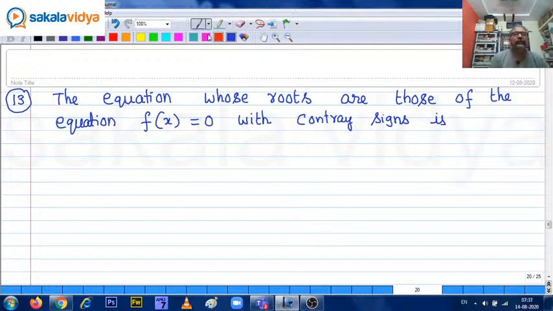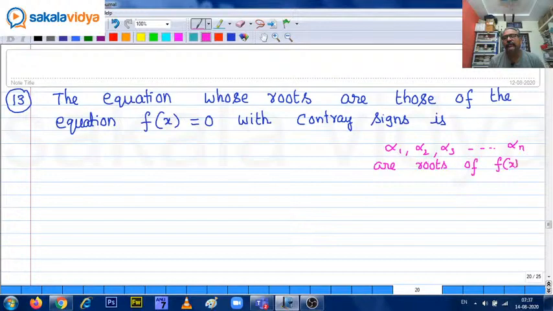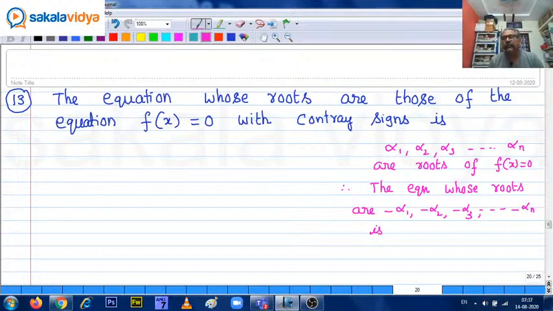Let me write like this. For example, if alpha 1, alpha 2, alpha 3 and so on, alpha n are roots of f of x equals 0, now we need to find the equation whose roots are minus alpha 1, minus alpha 2, minus alpha 3 and so on, minus alpha n.